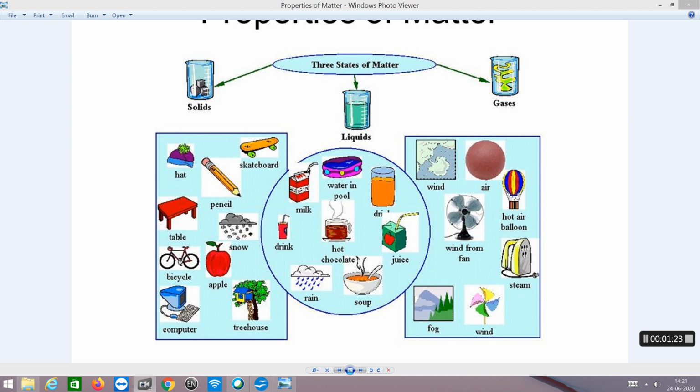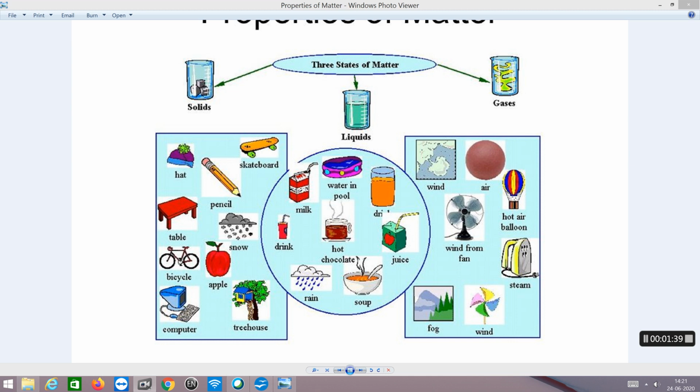Atoms combine to form molecules. So the three different states of matter are solid, liquid and gas. You can see the examples on the board.